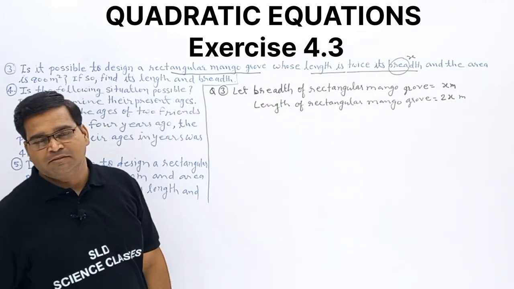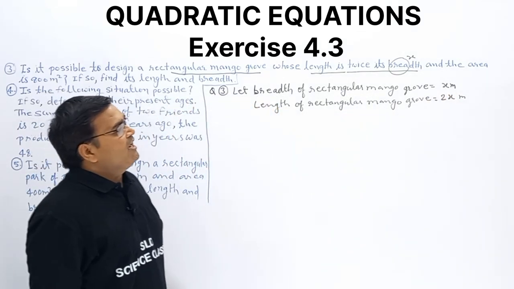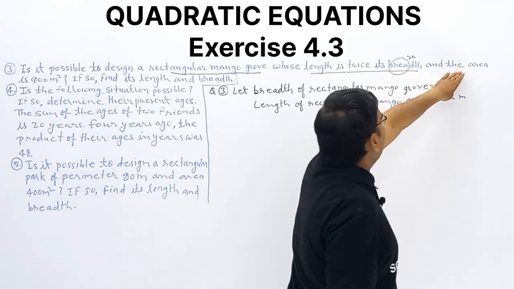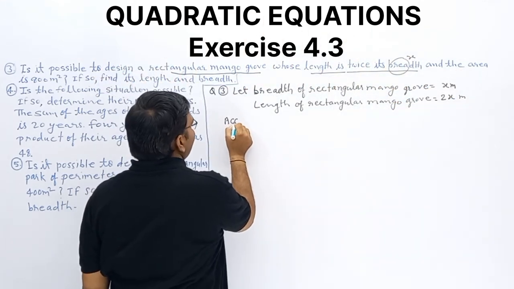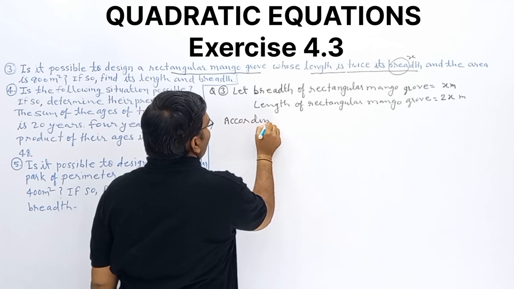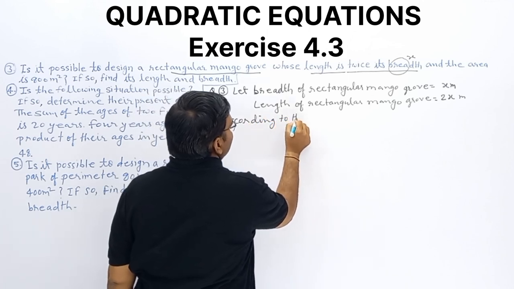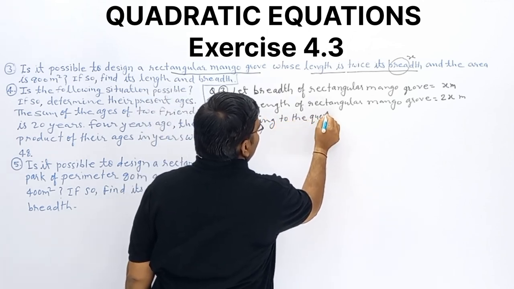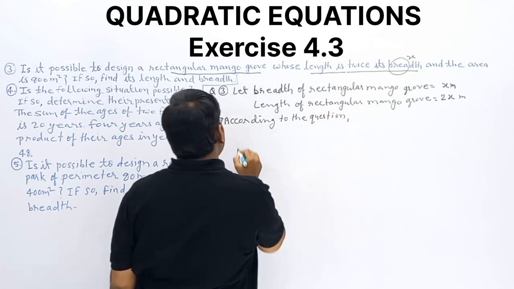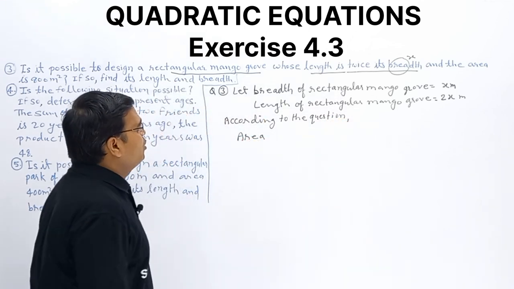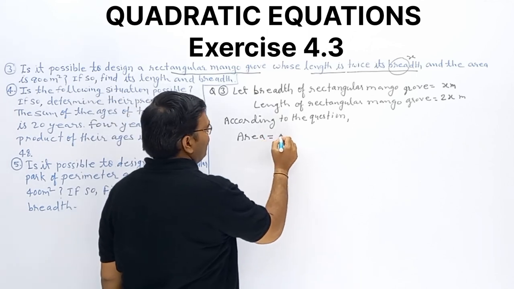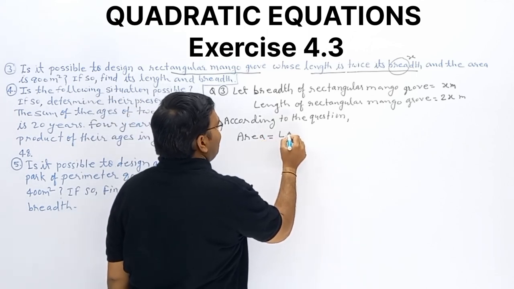Clear? Now its area. According to the question, we can say the area of the rectangular mango grove equals length into breadth.